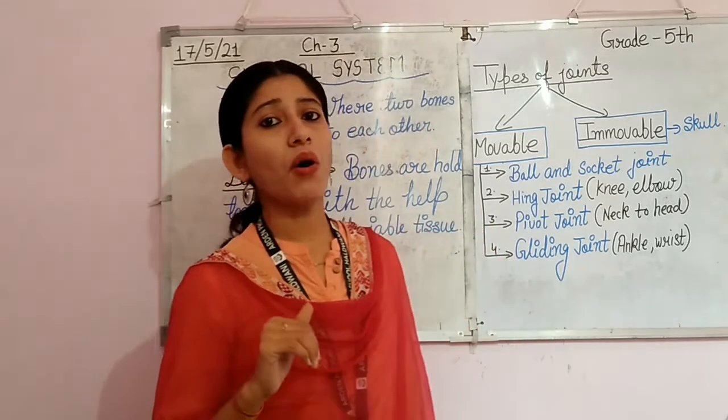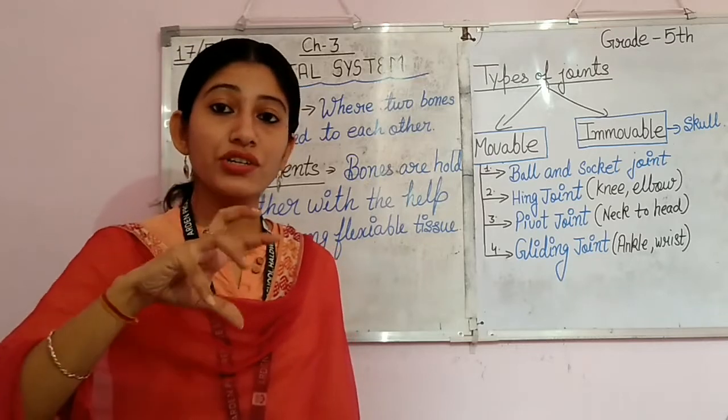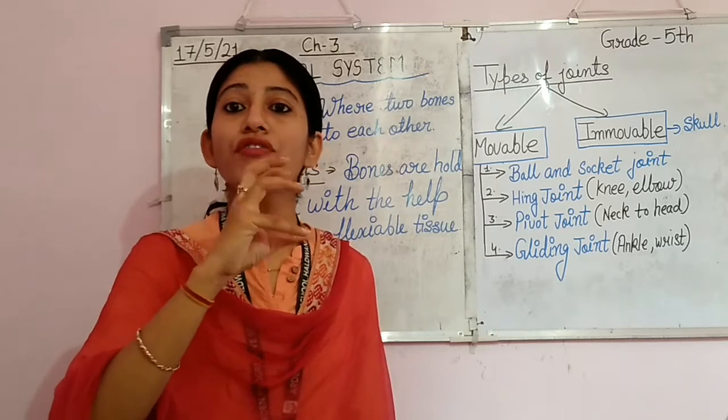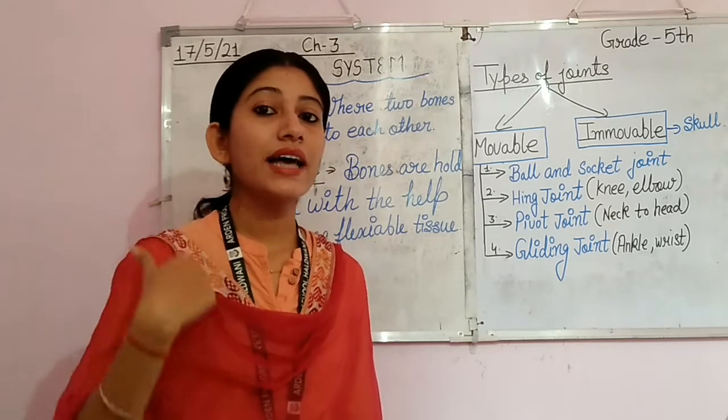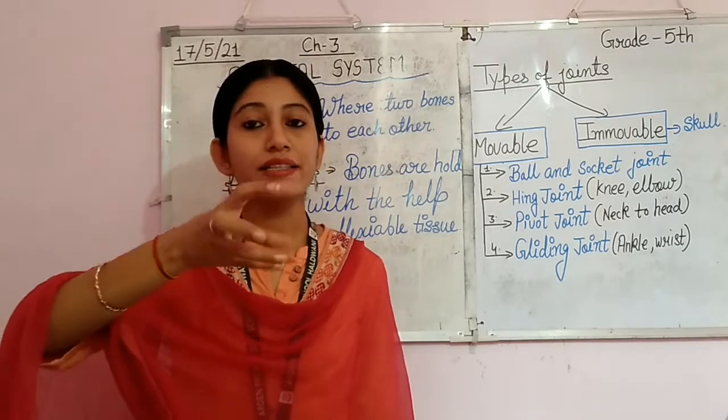So, what is this ball and socket joint, students? As the name suggests, one bone is having the shape of a ball and the other side acts as a socket. One side of the bone acts as a ball.